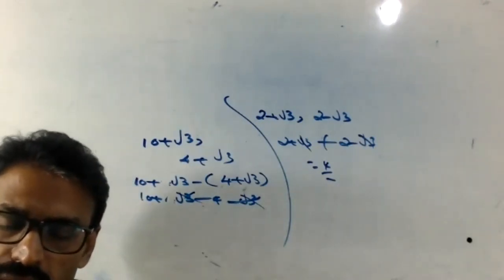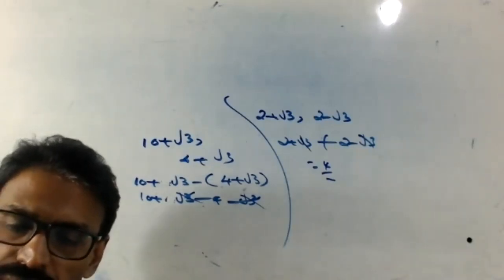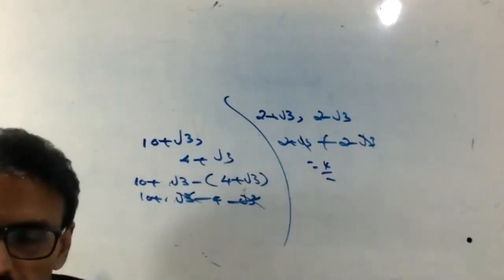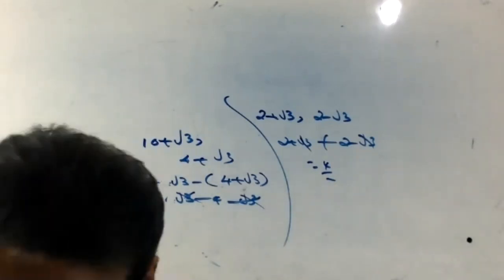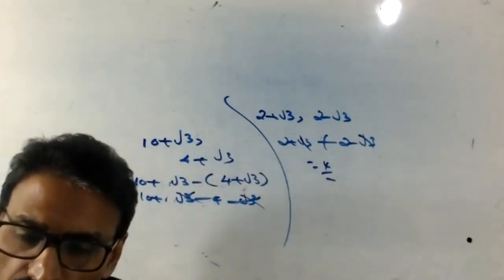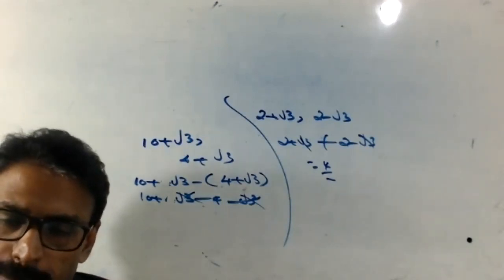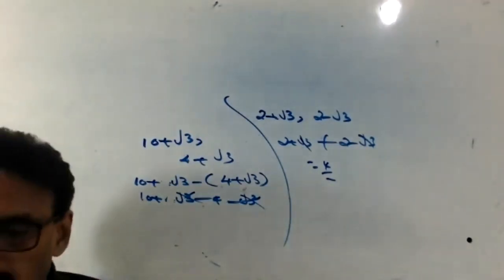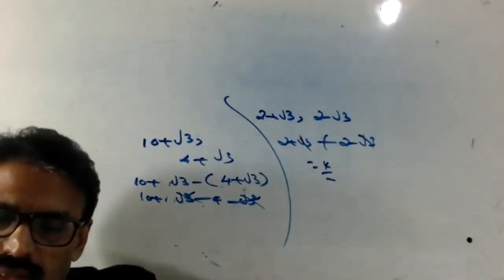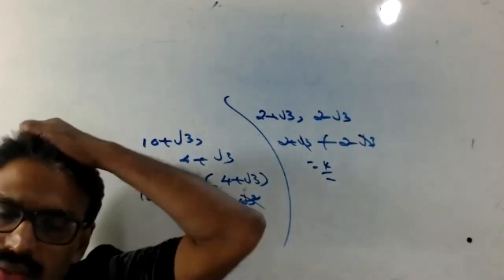Now, third question, the sum of two irrational numbers is irrational. What is that? Can you give an example?